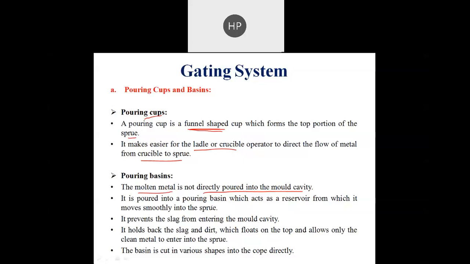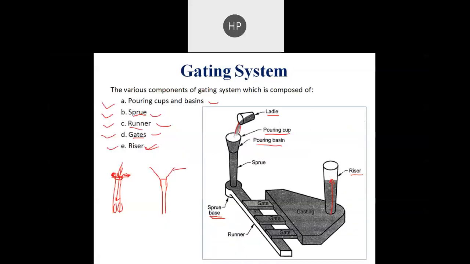It is poured into the pouring basin, which acts as a reservoir from which it moves smoothly into the sprue. And that's why, as I told you, if it goes directly, it may erode your sand, but we require a smooth flow. So here we have a pouring basin.